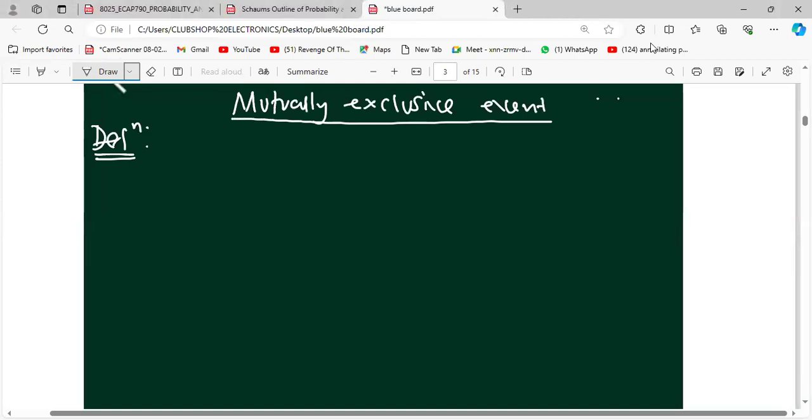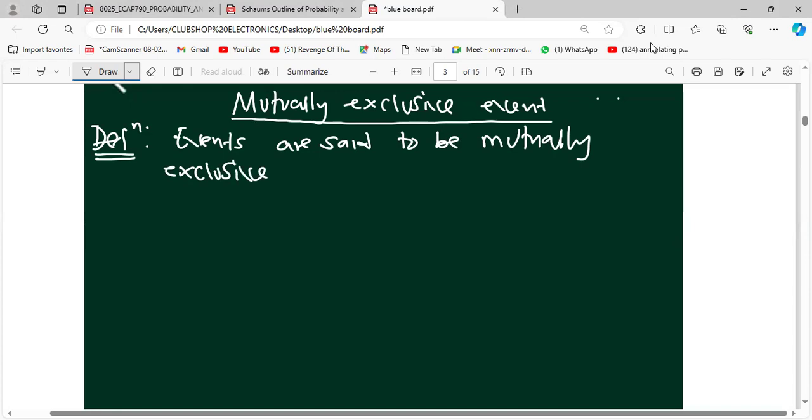So we are saying events are said to be mutually exclusive if they cannot occur or happen or indeed take place at the same time.